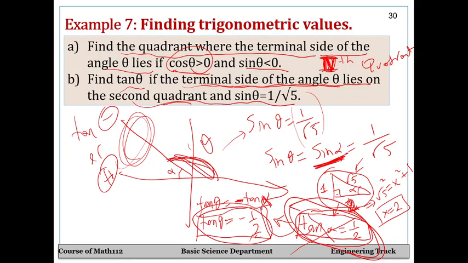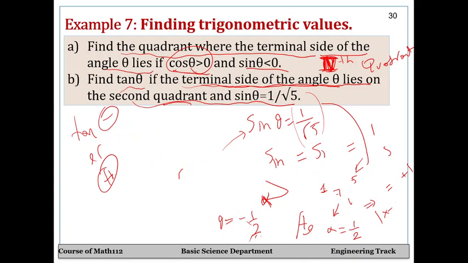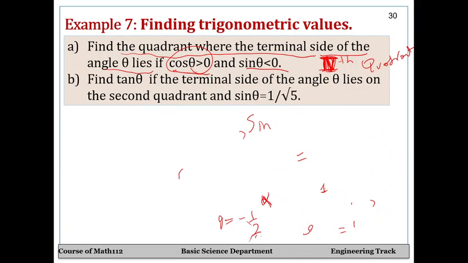Some students skip the alpha. They just come to here, do this, and directly say tangent theta is 1 over 2, not minus 1 over 2. No, you have to pay attention to the quadrant at the end, because the quadrant is telling us the tangent is negative or positive.